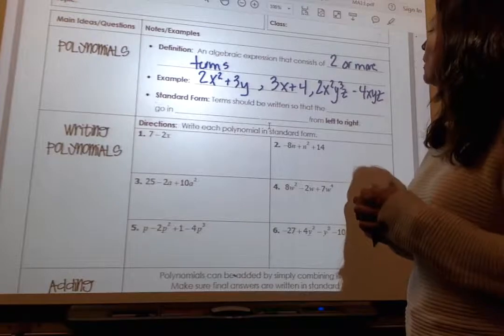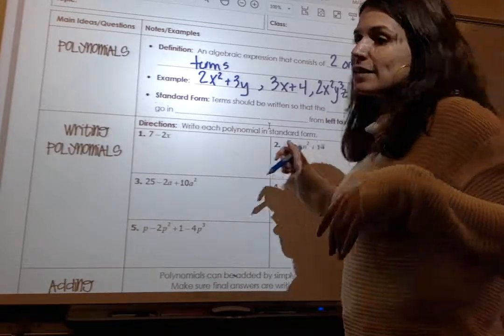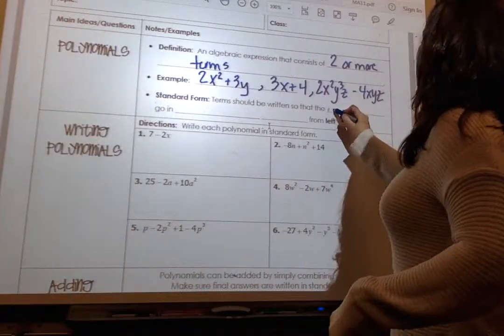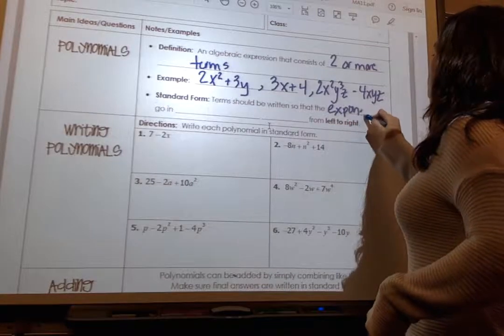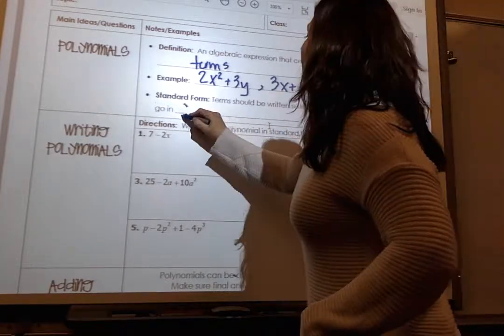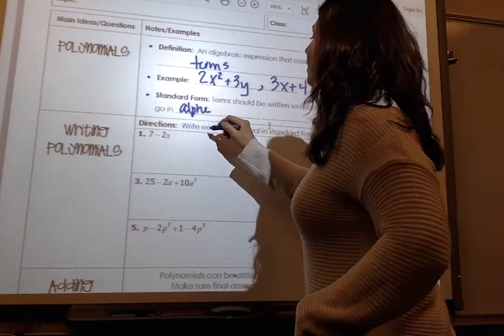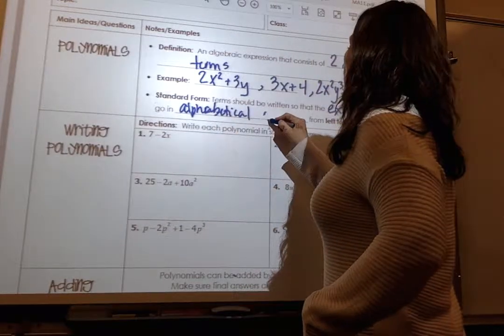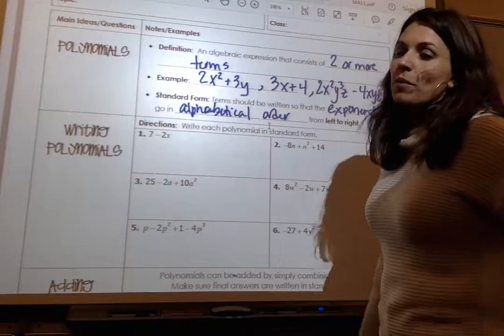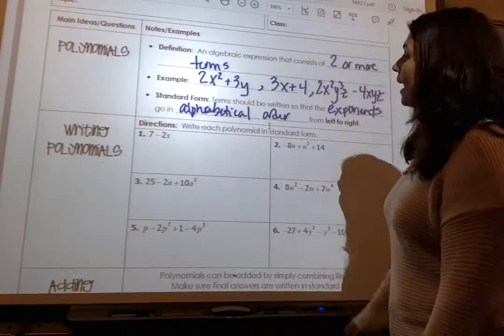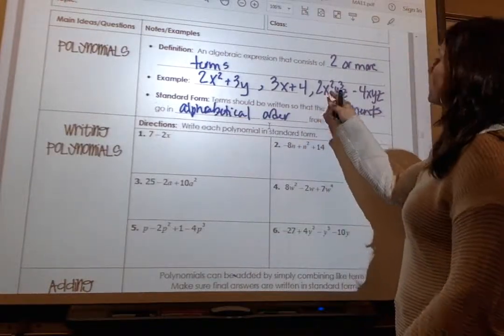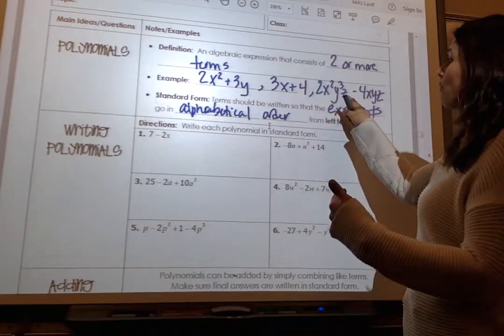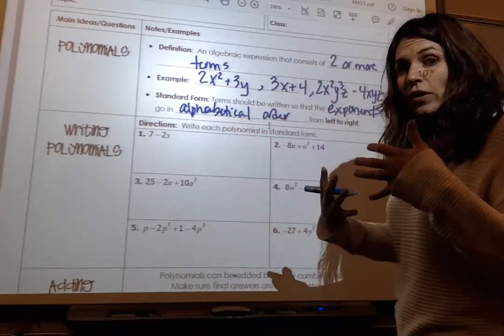So the terms should be written so that the exponents go in alphabetical order from left to right. And the exponents like x, y, z, that's in alphabetical order, and it should be decreasing as well.